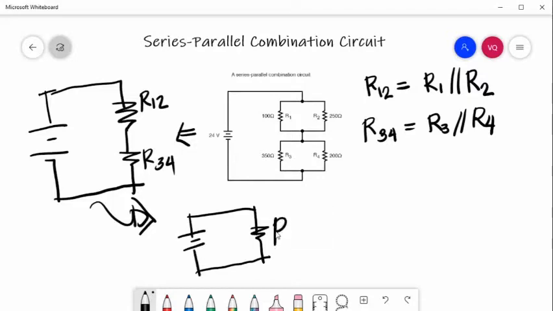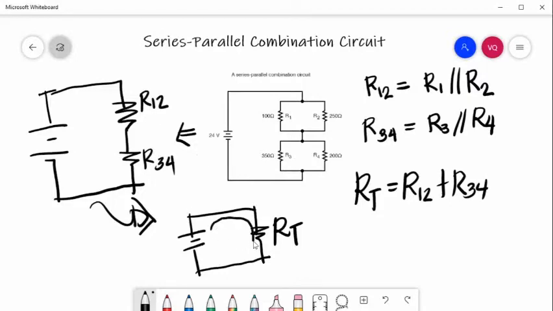We will now have your total resistance. So solving now for total resistance, it is the sum of R12 plus R34 because they are in series. So this is now your simple Ohm's law.